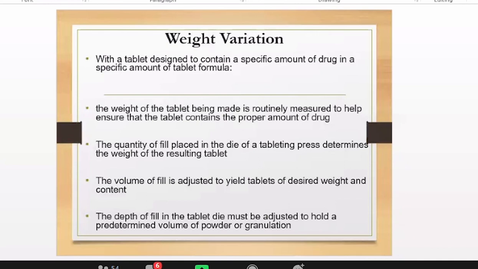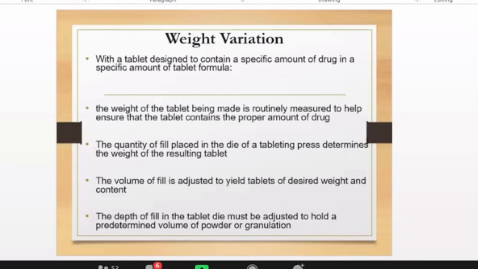Okay, so when you are looking at disintegration, you start with 6 tablets. Those 6 tablets, you must observe whether all of them pass the disintegration. The standard rule is that all the tablets must disintegrate within the prescribed disintegration testing time.